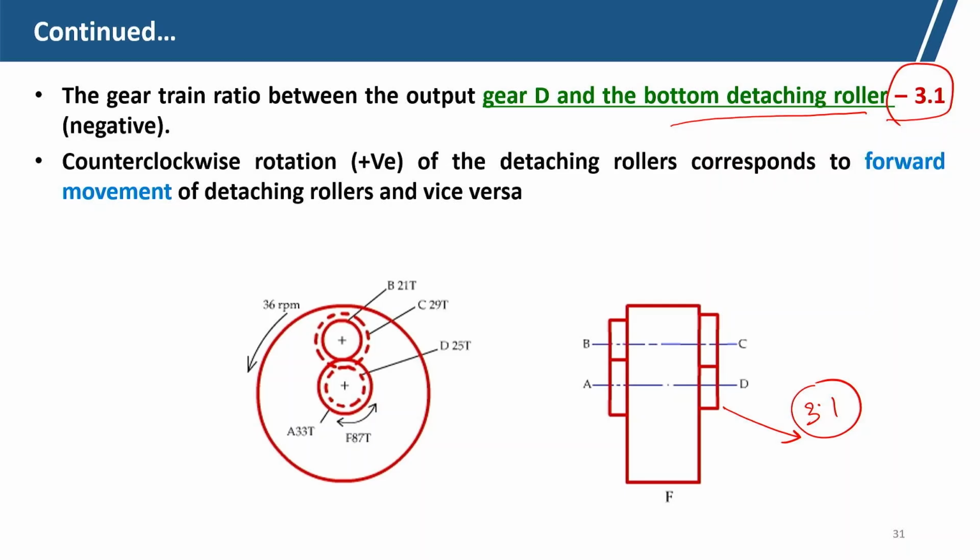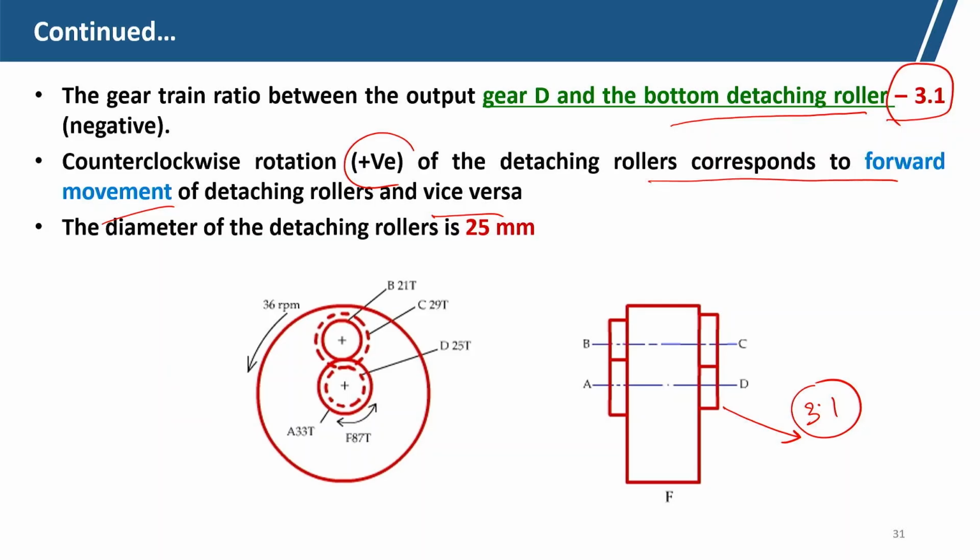Counterclockwise rotation, that is positive, plus rotation of the detaching roller corresponds to forward motion of the detaching roller and vice versa. So, positive rotation means forward movement of the detaching roller, and negative rotation means it is a backward motion. Okay. So, that way it goes.